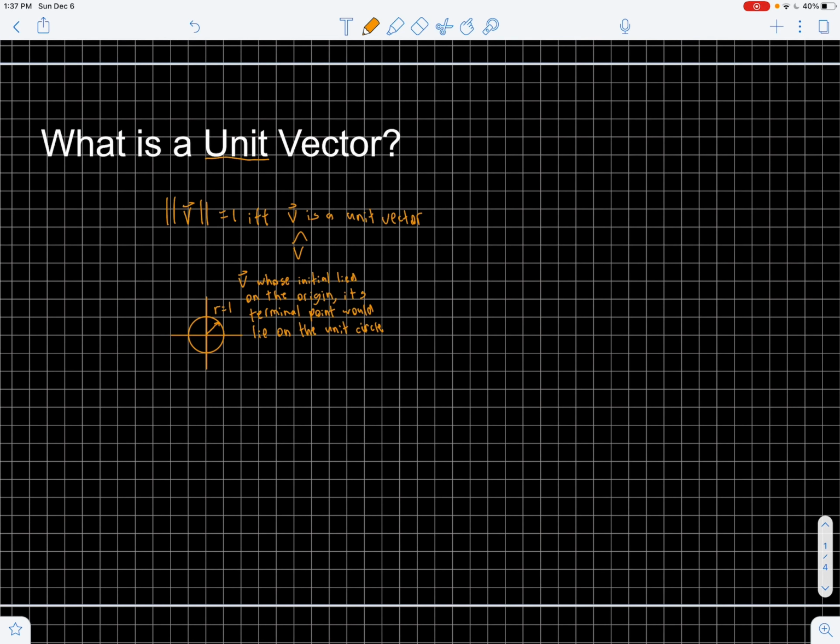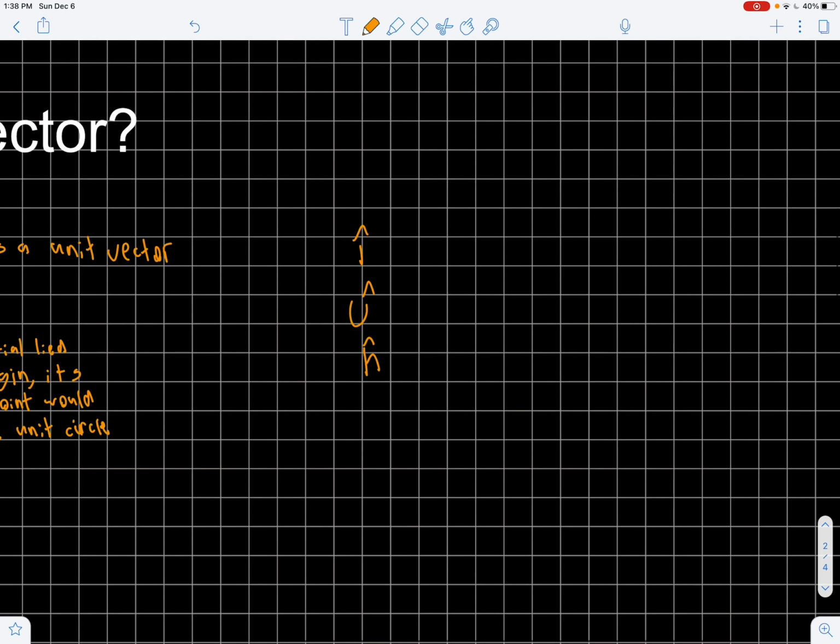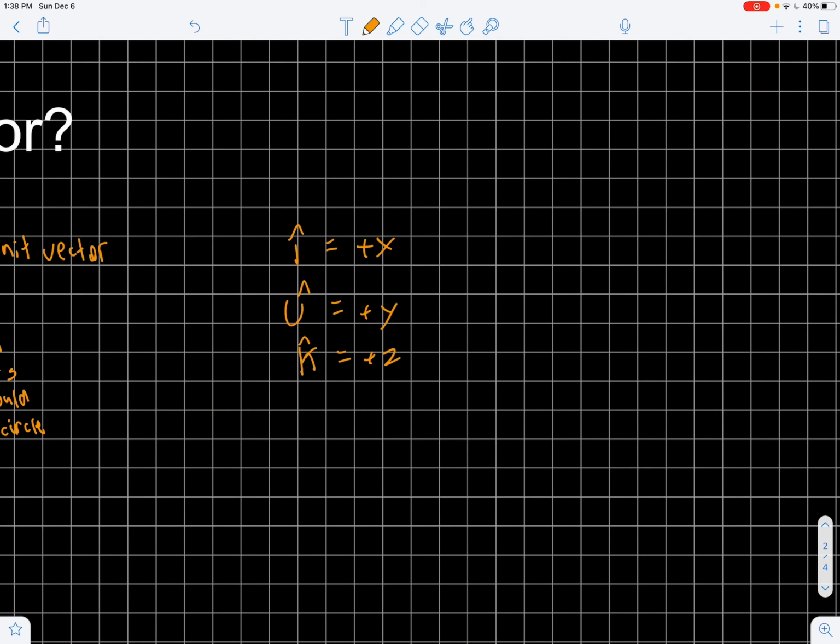There are 3 pretty famous unit vectors that I haven't talked about with you guys, but you definitely need to know them. They are i hat, j hat, and k hat. All their lengths are 1, obviously, but what is their direction? i hat goes in the positive x direction, j hat goes in the positive y direction, and k hat goes in the positive z direction.